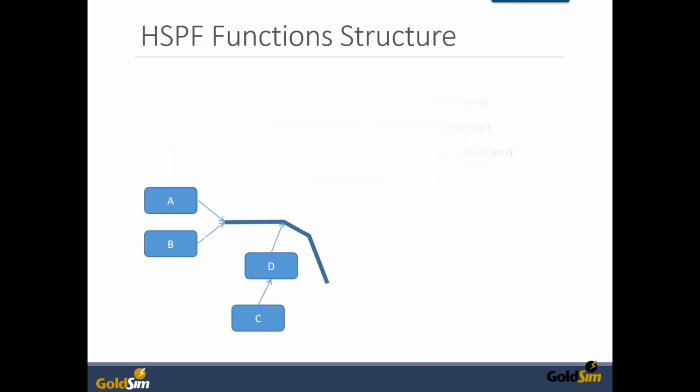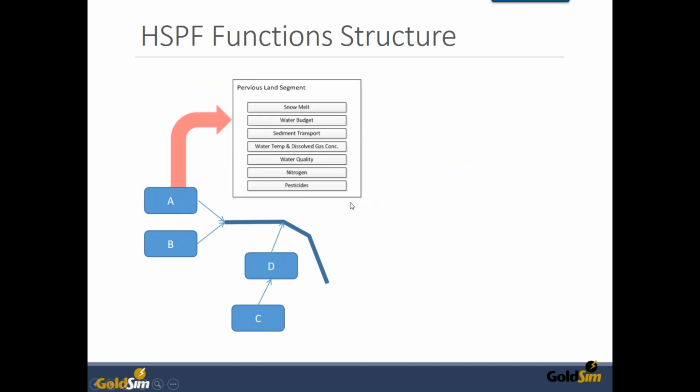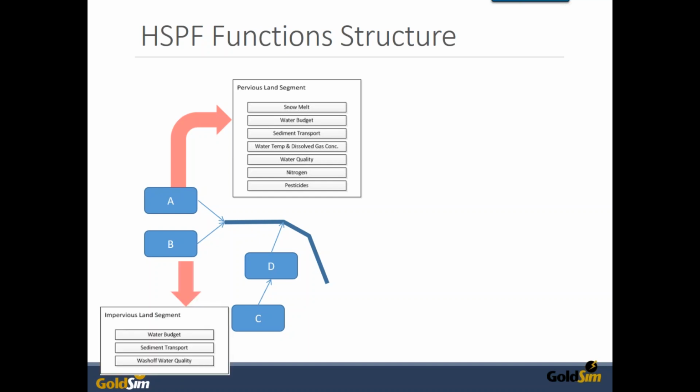So a little bit of background behind HSPF in case you haven't heard about it, is that it includes quite a bit in there. So at the catchment level, you can look at snowmelt, sediment transport, nitrogen, all kinds of things. And there's also the impervious land segment portion. So what I just showed you, the box up here, is for the pervious land segment.